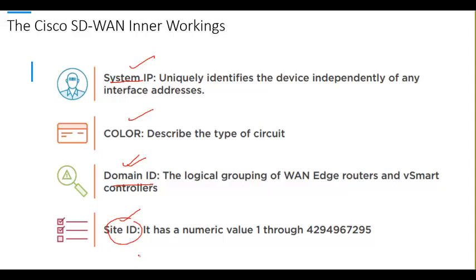If you want to, you can extend it and have it. So WAN edge routers that have the same site ID do not share the T-log information, and they don't establish any BFD tunnels between them because there is no IPsec. So no T-log information is shared, no IPsec tunnel is established, no BFD between the edge devices that have the same site ID.